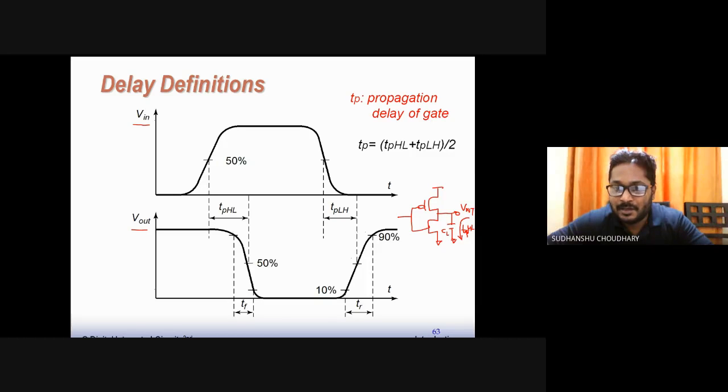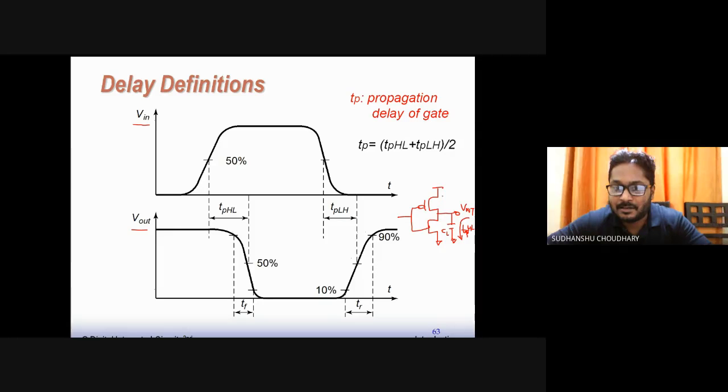So TPHL is the time taken by this circuit to make the output node transition from high to low, which is actually through this NMOS, you are trying to discharge this capacitor.